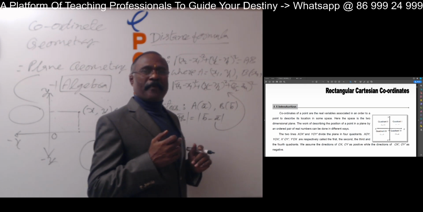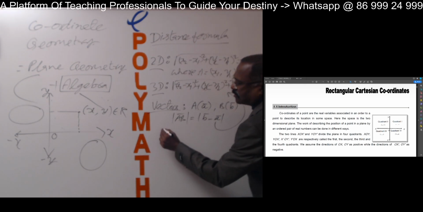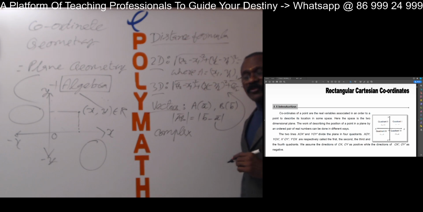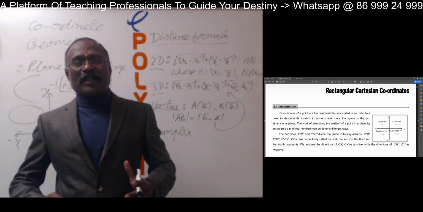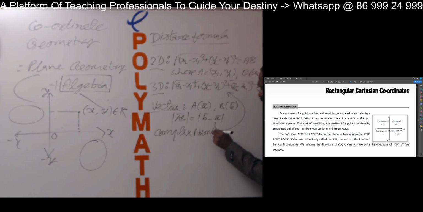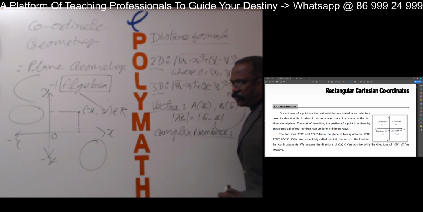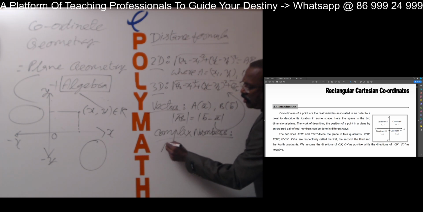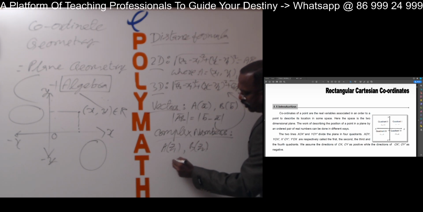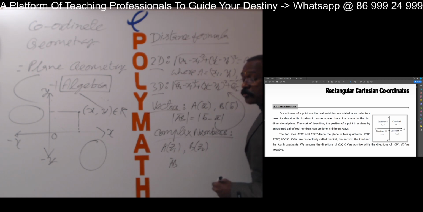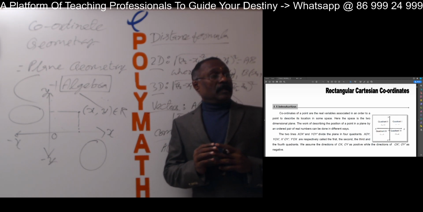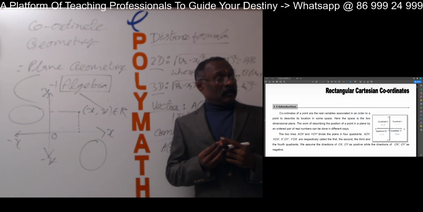And if you see the complex form, generally students feel the complex numbers chapter is a complex one, but complex numbers are also very much related to geometry only. How are complex numbers denoted? A is z1, B is z2. If you want the distance between two complex numbers z1, z2, they are generally denoted on the complex plane.